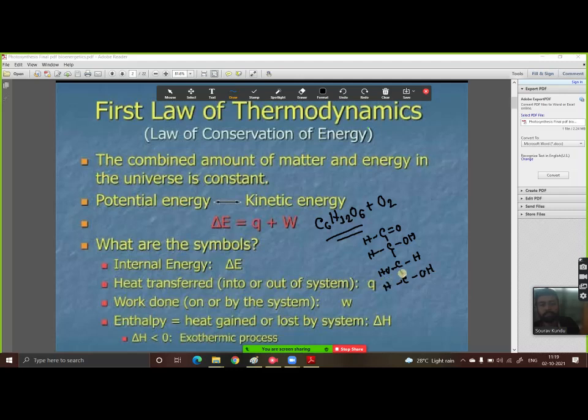I will make separate videos regarding this. Don't take tension. And here it is, the glucose molecule. There are a lot of bonds, and in each bond a lot of energy is incorporated.